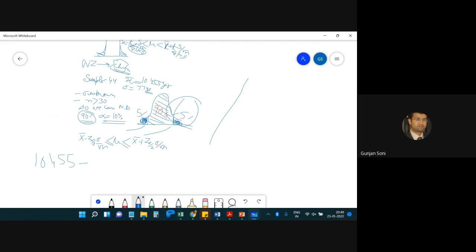Look into the normal distribution table and see where is 0.95. Z value corresponding to 95%.